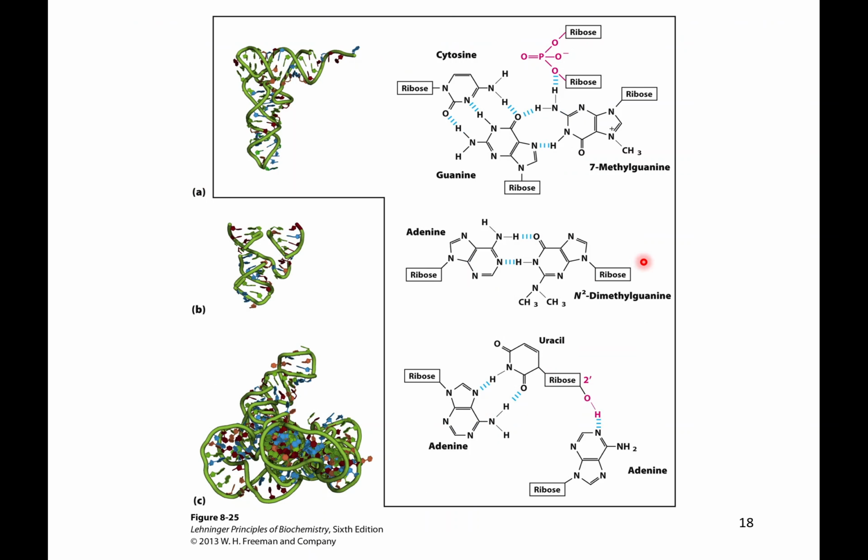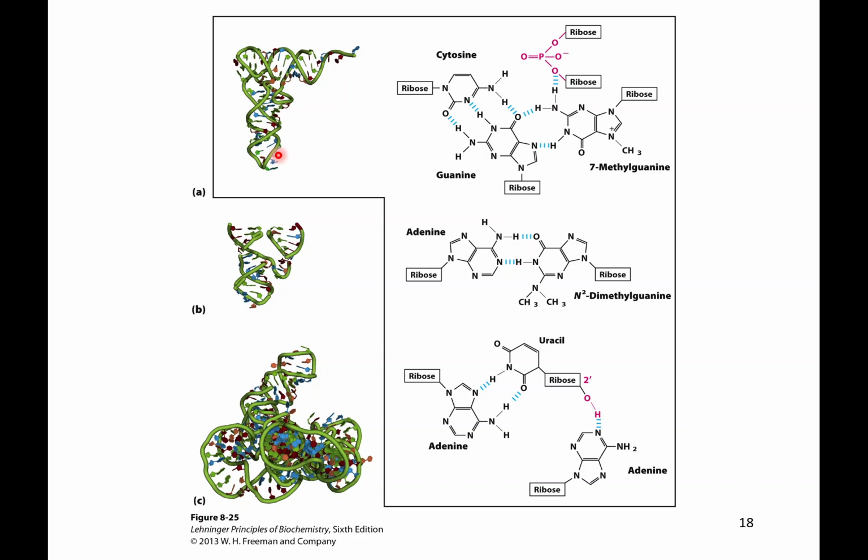This is a transfer RNA structure, and this also goes to show that you can get somewhat unique, at least unique with respect to DNA, hydrogen bonding in transfer RNA, and some of those are shown here, like cytosine and guanine forming hydrogen bonds together, and the adenine and uracil have a normal hydrogen bond pair, but then you can also have another adenine hydrogen bonding with the 2' OH group of uracil.